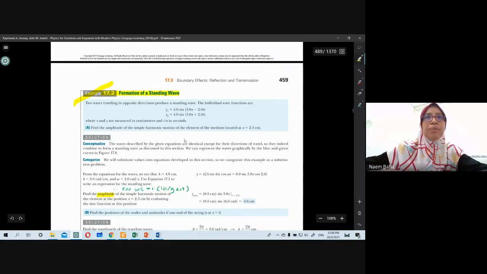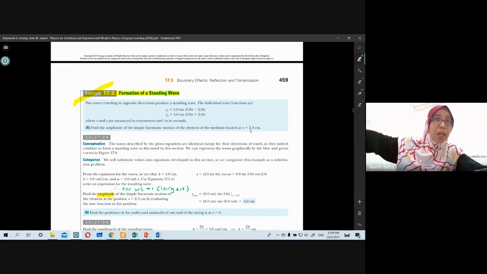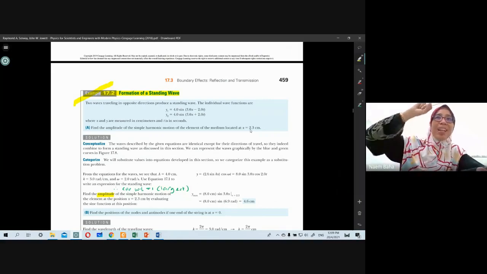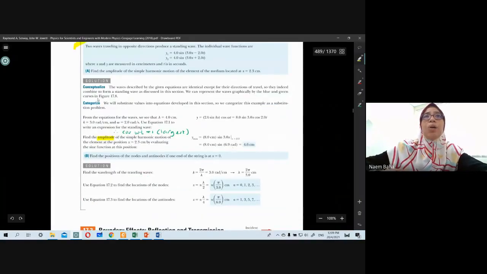Okay, so what it says is that when it's located at x equals 2.3 centimeters, so they have traveled some distance away, you would like to know at that location what will be the overall amplitude. All right, now how to solve?